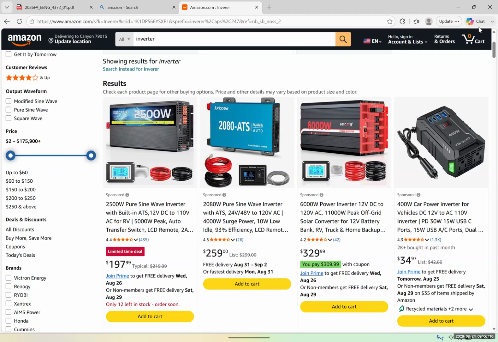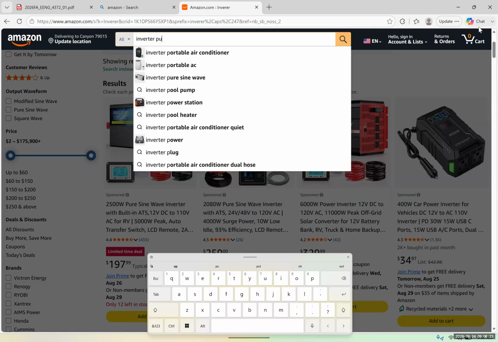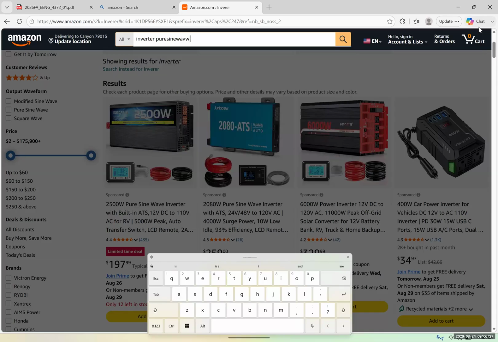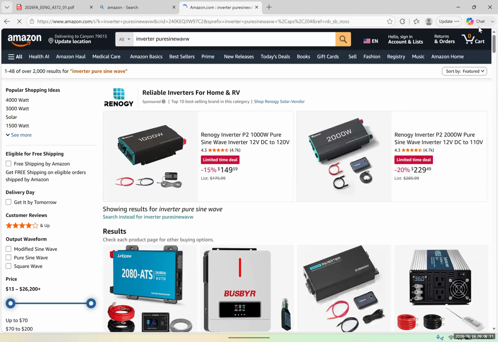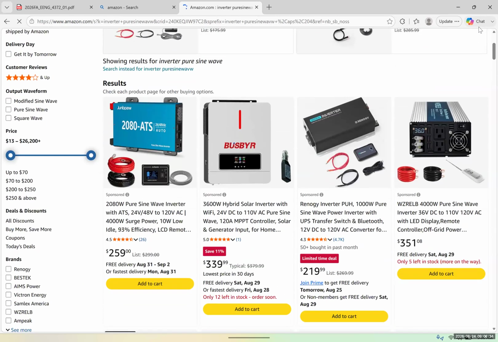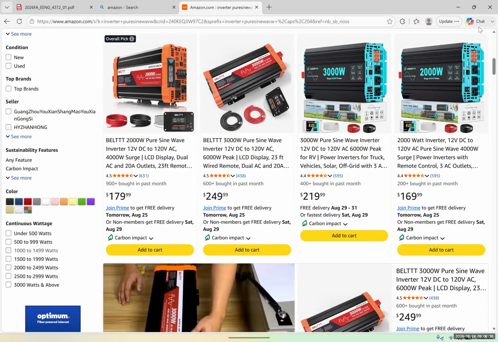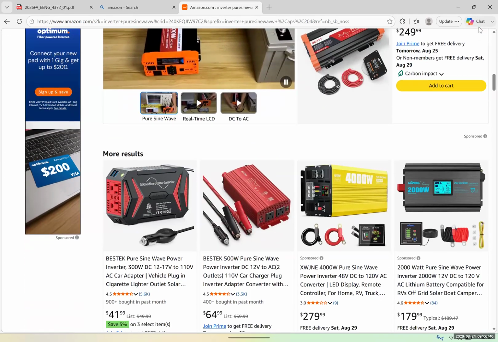So you can see that this 2000 watt inverter, the one in the middle, one is 197, the other one is 259. So 2 kilowatt is 259. But if I search pure sine wave 2K, you can see that a 2 kilowatt or 3000 watt one goes up to a few $1,000s.